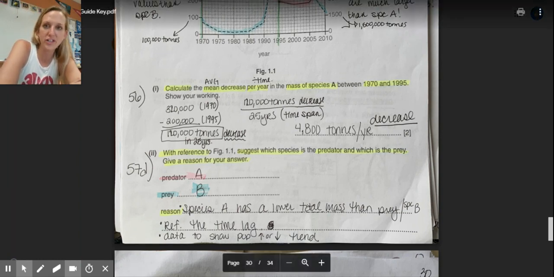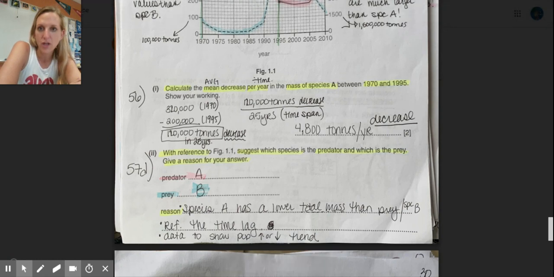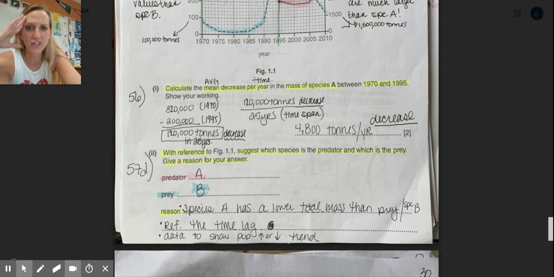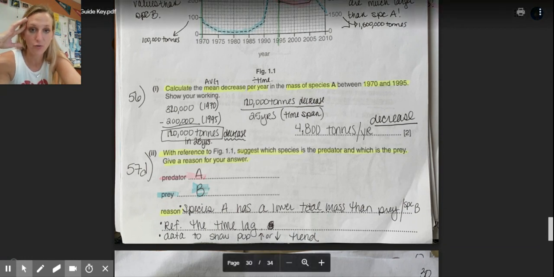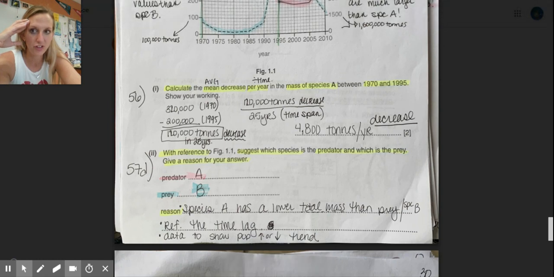So the average decrease per year. We know it's a decrease, and you do want to respond with an answer that talks about a decrease. It can either be with the negative sign or literally saying decrease.